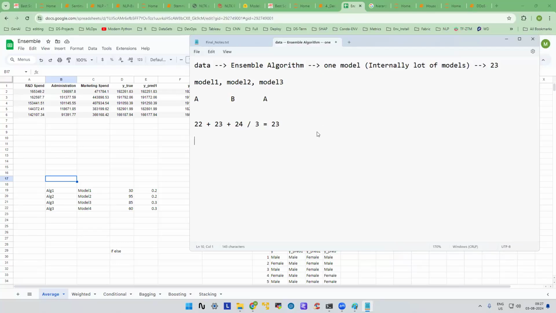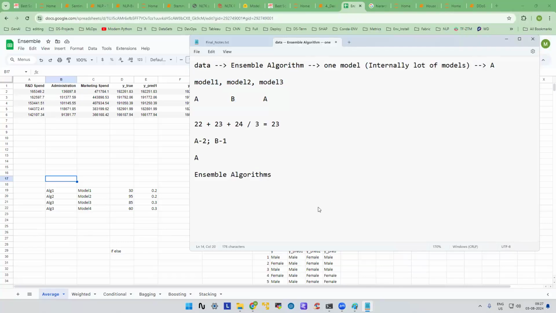Two models have got A, and B is chosen by 1 model, so it's going to be A. Finally, you're going to see only A, as if it is only one model. Under the hood, this is how it works. It can be even more complex, but I'm just giving a gist. I hope you got the point of what the ensemble algorithm is all about.